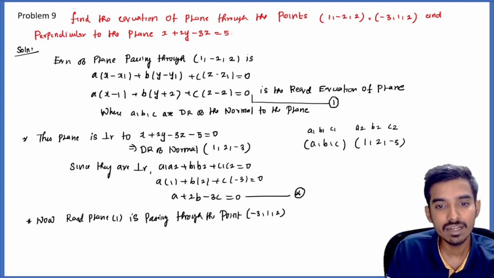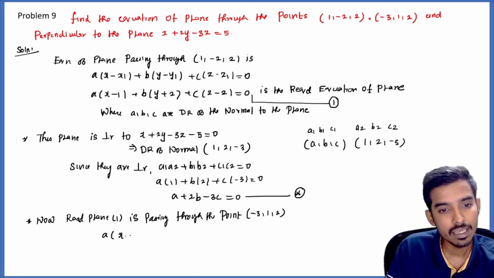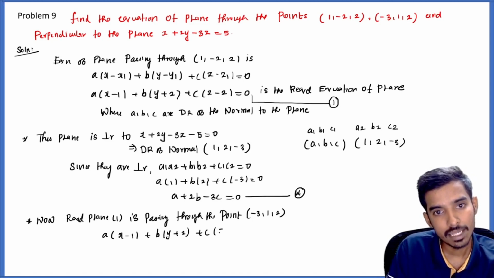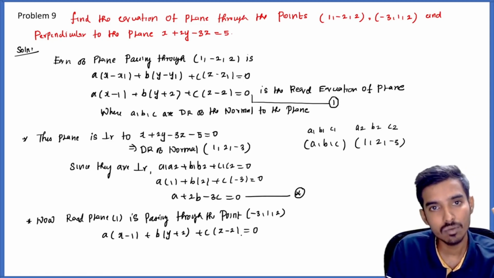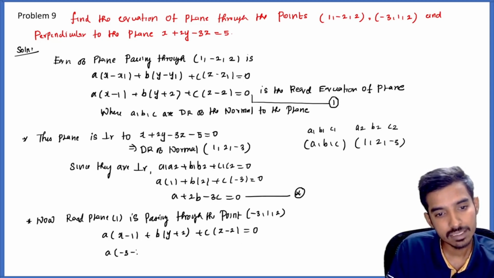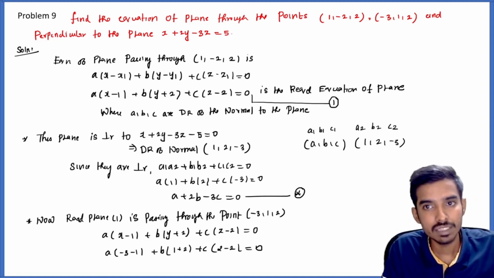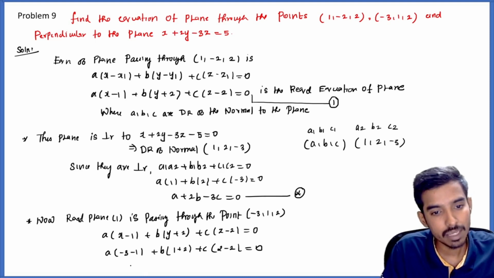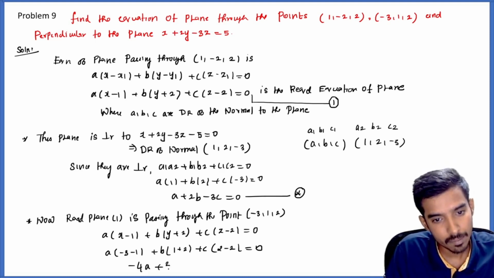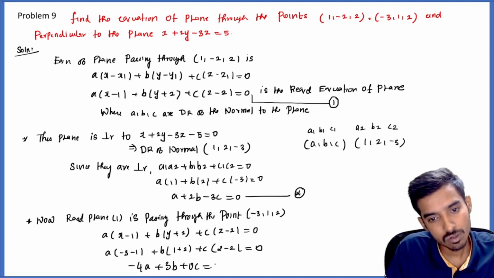That means this point will satisfy this equation. So a into x minus 1, b into y plus 2 plus c into z minus 2 is equal to 0 is the required equation. Substituting minus 3 comma 1 comma 2, we get a into minus 3 minus 1, b into 1 plus 2 plus c into 2 minus 2 is equal to 0. So this will be minus 4a plus 3b plus 0c is equal to 0.